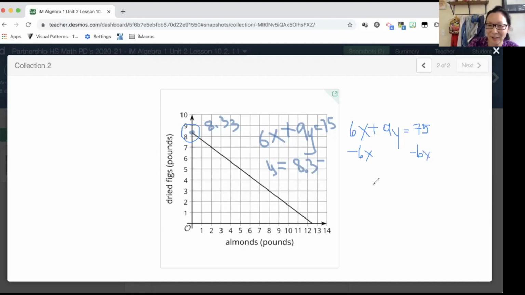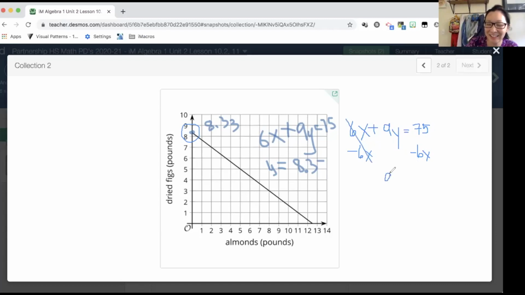And then you're going to cancel the 6x's out. What do you mean by cancel? Oh, well, you're going to eliminate it. That means you can draw a line right through it. If you had 6x and you lost 6x, that means you have 0 x's. All right, I guess they just go away. Thank you for the 0.